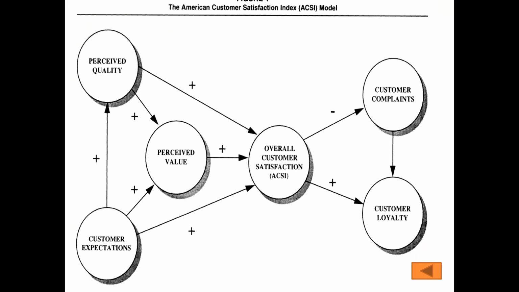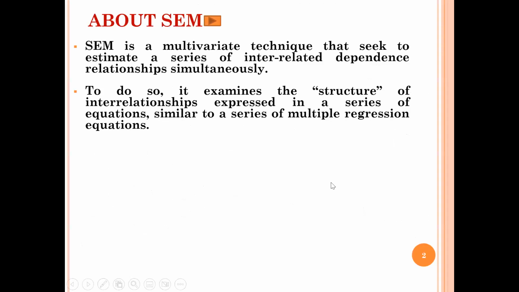One regression would be with customer loyalty as Y and satisfaction and complaints as X. Another regression would be complaints as Y and satisfaction as X. And then satisfaction as Y and value, quality and expectations as X's. So in this way, you have to do a number of regressions if you have to test every relationship in this model. But in case of ACM, you do it all together. That's exactly what we are talking of in ACM.